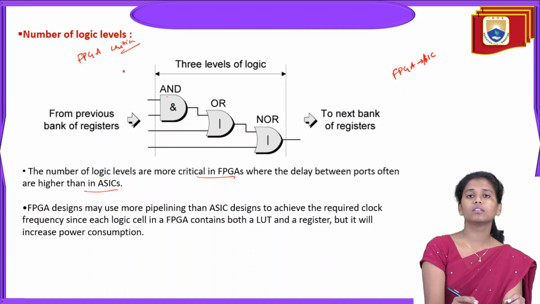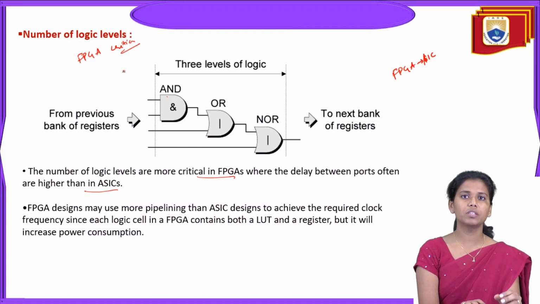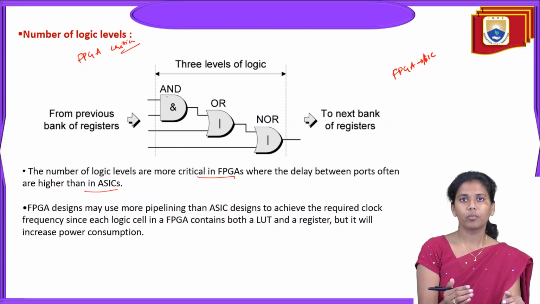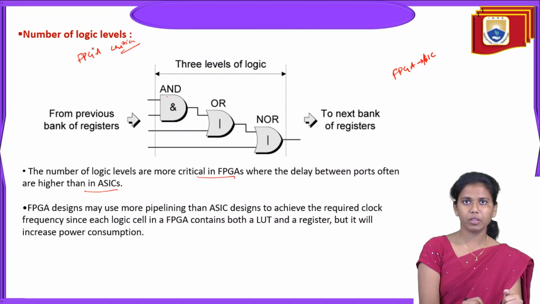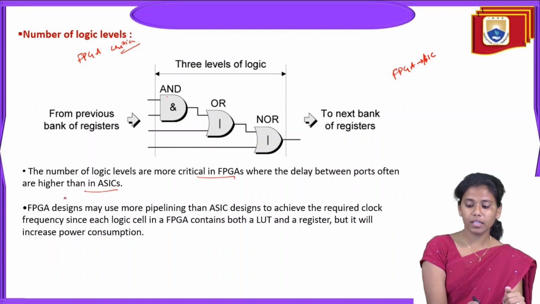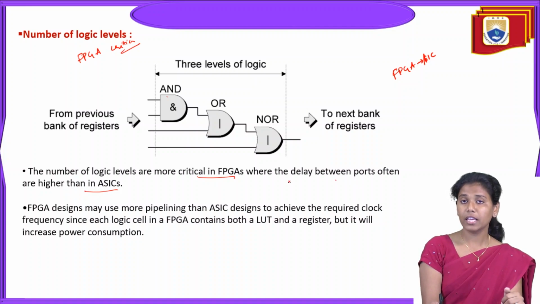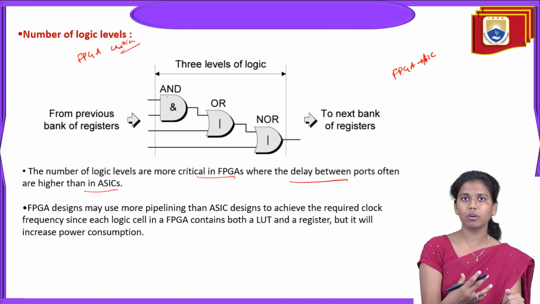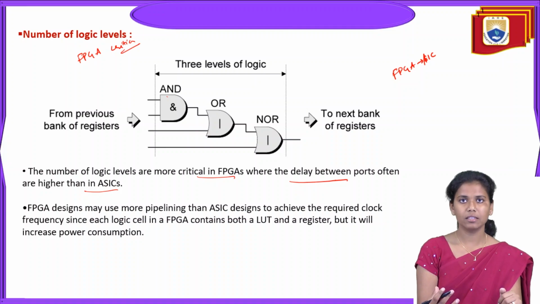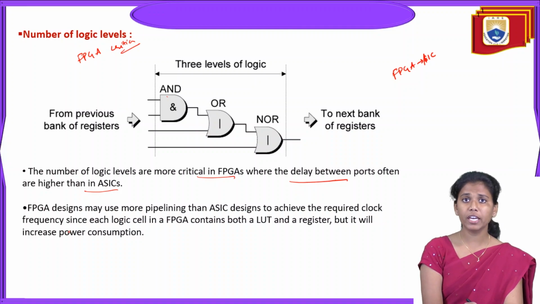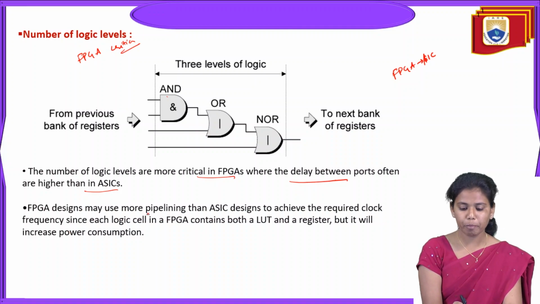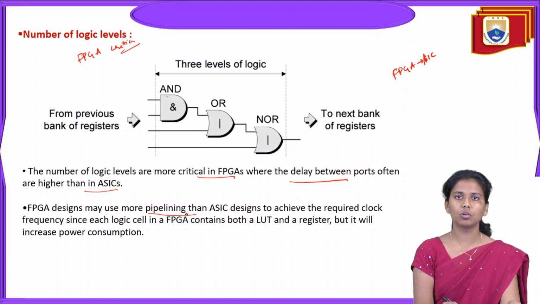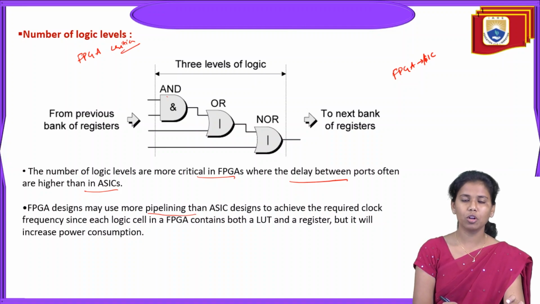That means the number of logic levels we consider is reduced in FPGA because there will be higher delays. We can see abrupt delays can arise when switching from one logic level to the other. And FPGA designs may use more pipelining than ASIC designs.